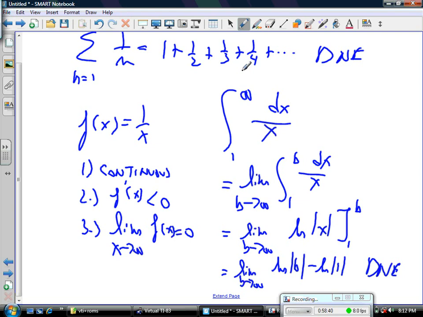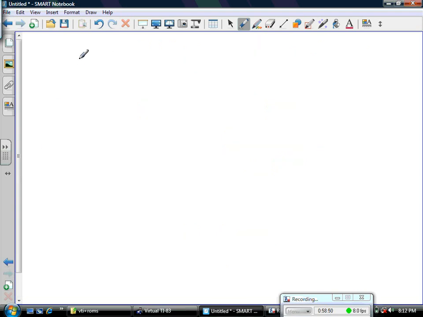Okay, let's change that up a little bit. What if I tried a different series that I don't know whether it converges or not? In other words, it's not geometric. Okay? And let's see if I can apply the integral test again. Okay, the first term is 1. What's the next term?